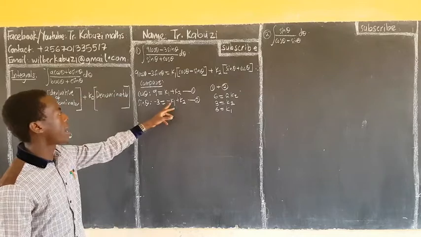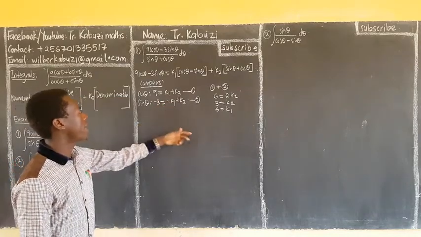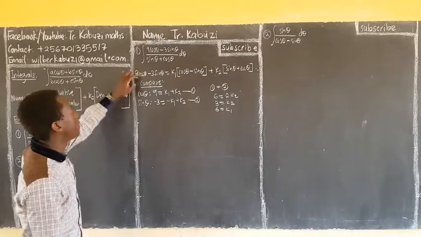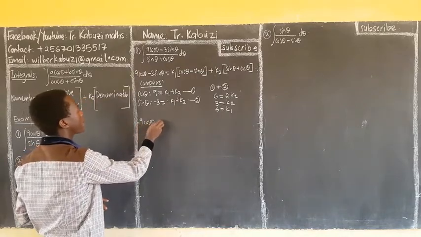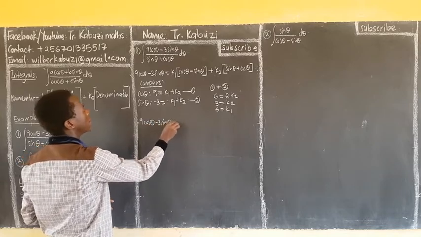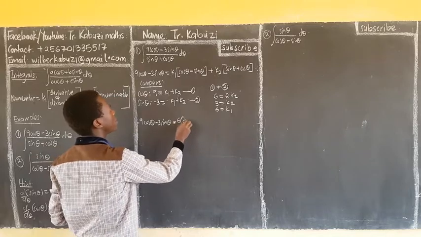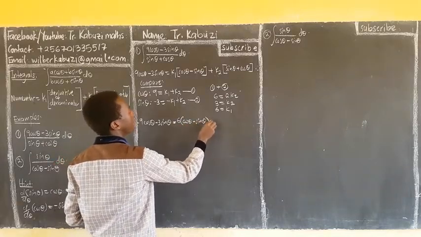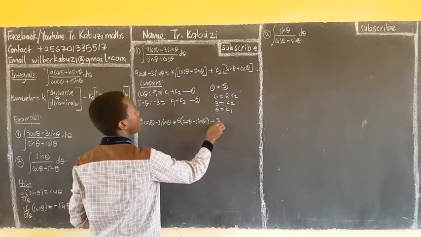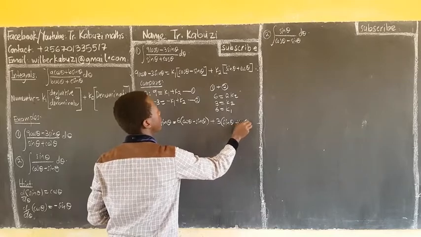This means that the whole of this, 9 cos theta minus 3 sin theta, is equal to K1, which is 6, times cos theta minus sin theta, plus K2, which is 3, times sin theta plus cos theta.